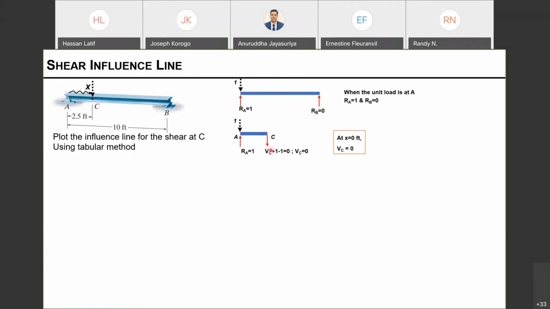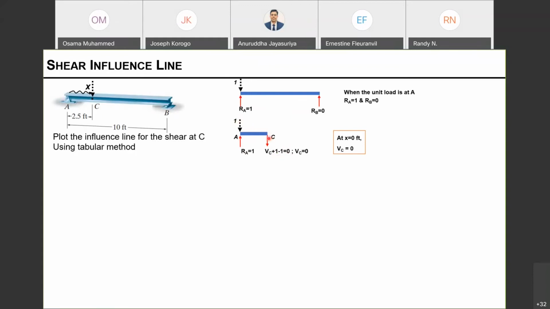Plus 1 is the moving load, which is on top of A, so it's giving me a positive shear. And this is the reaction coming from the equilibrium, so that is a negative shear. So this equals 0 because this piece needs to be in equilibrium.